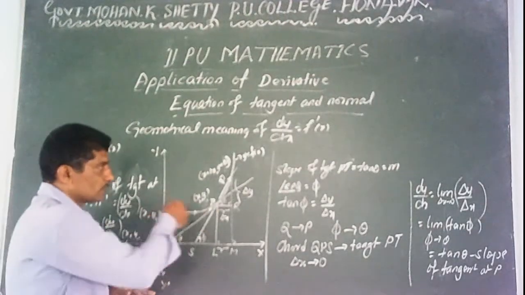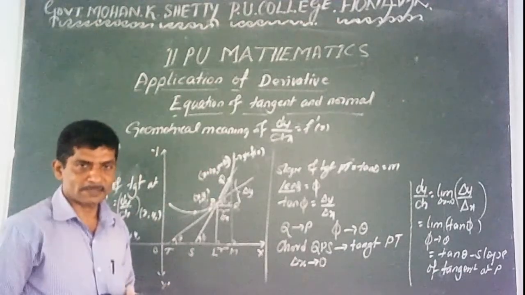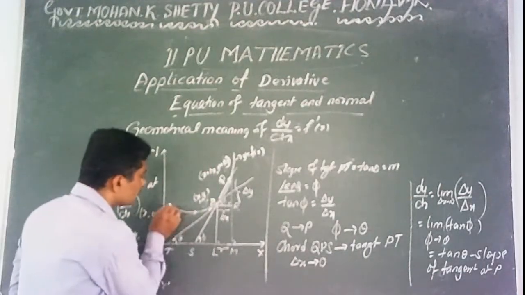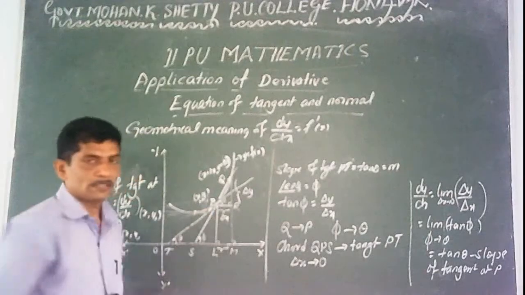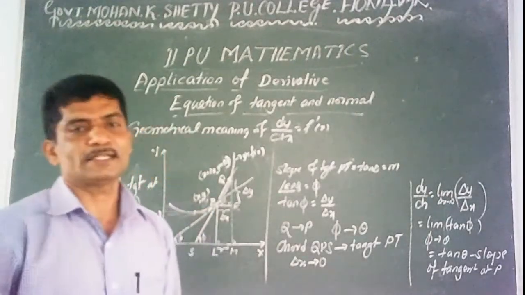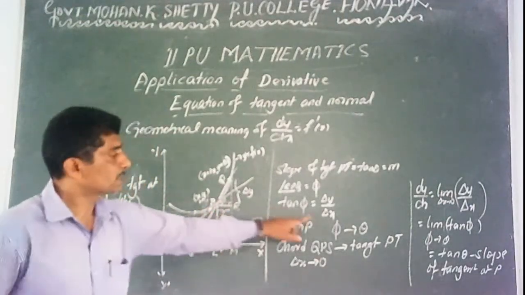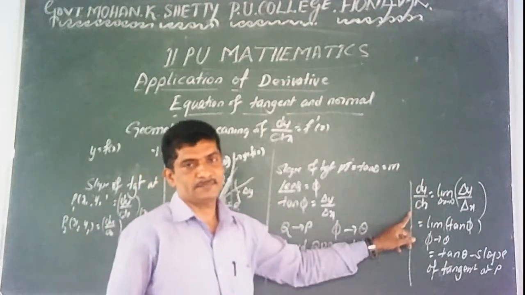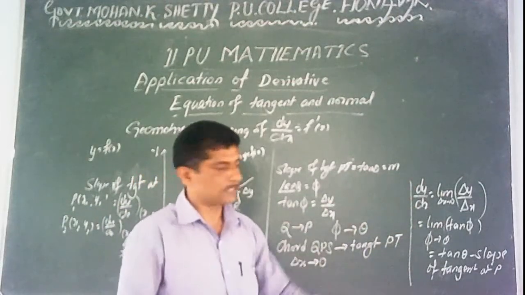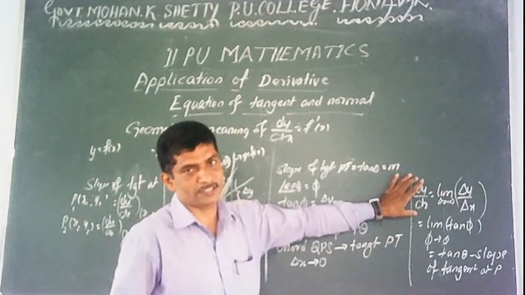Suppose this function is continuous and differentiable, meaning at each point you can draw a unique tangent. Here dy upon dx is always unique. The value at a particular point is always constant.